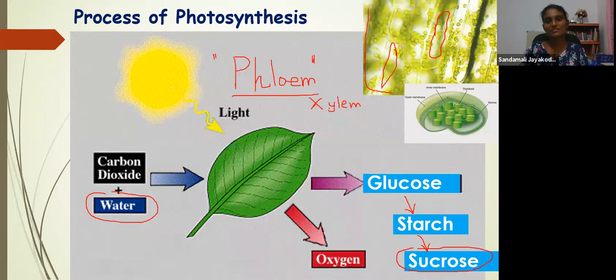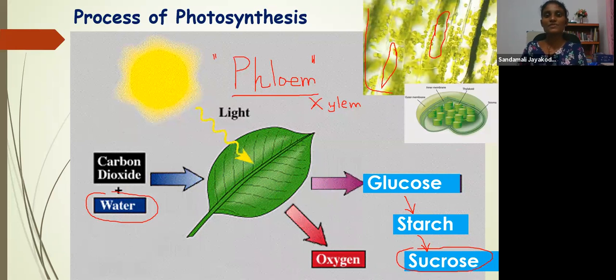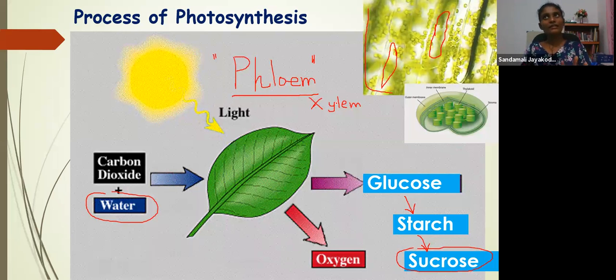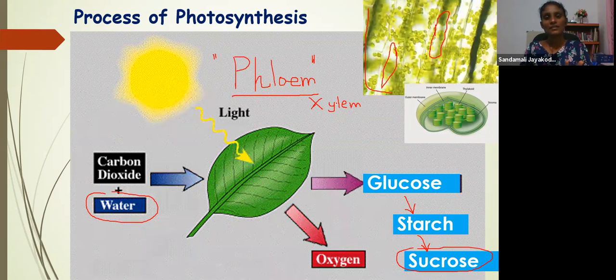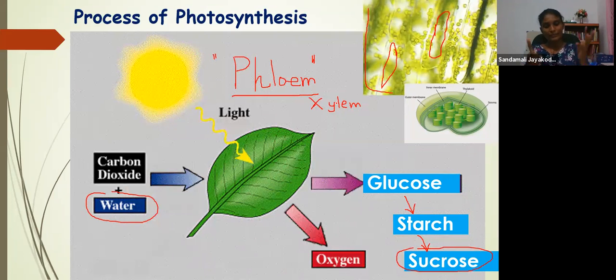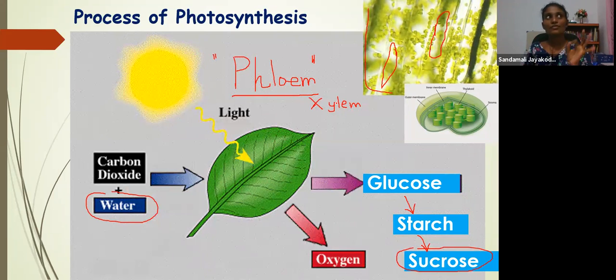It's a complex tissue which contains different types of cells, like sieve tube elements and then companion cells and phloem parenchyma and then phloem fibers. Those are the four main types of cells in phloem tissue.